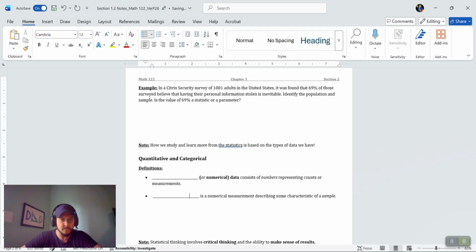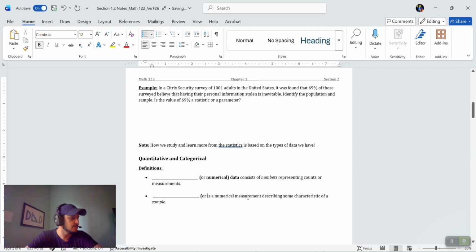The other type, parentheses or quality. Okay, so there's a few different words used for this. Qualitative or attribute. I like that word.